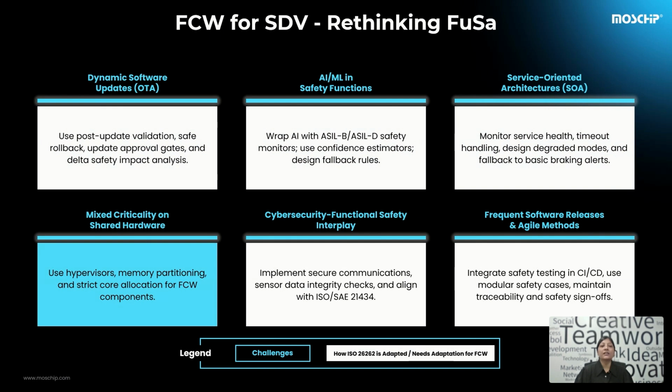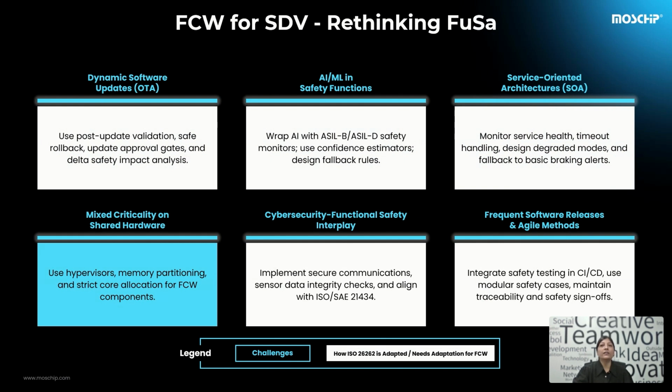Next is mixed criticality on shared hardware. In modern software defined vehicles, it's common for safety critical and non safety critical systems to run together on the same system. For example, a forward collision warning system may operate alongside a non safety critical infotainment system. An unisolated system can affect the functionality of the safety critical system.